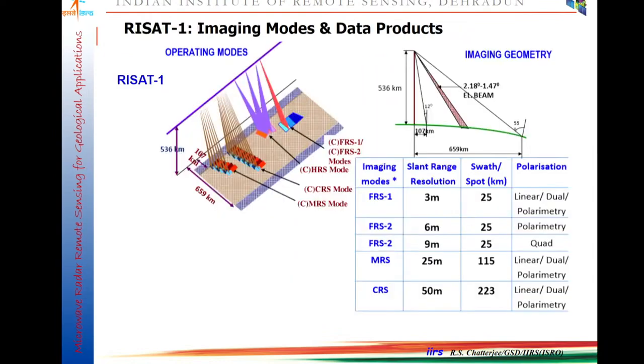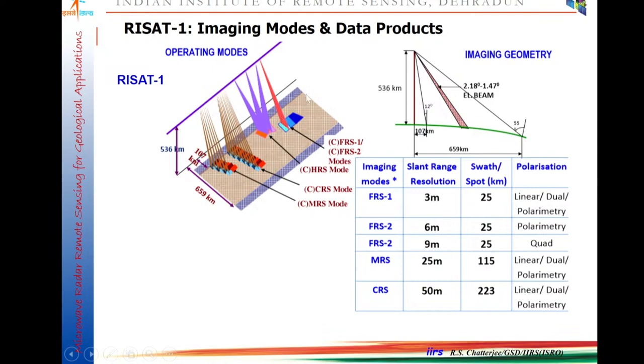Now coming to the different radar imaging beam modes, like RISAT-1, the first radar remote sensing satellite from ISRO, which was launched in 2008. Here there are different beam modes, and essentially in radar imaging there are 4 kinds of beam modes in general.